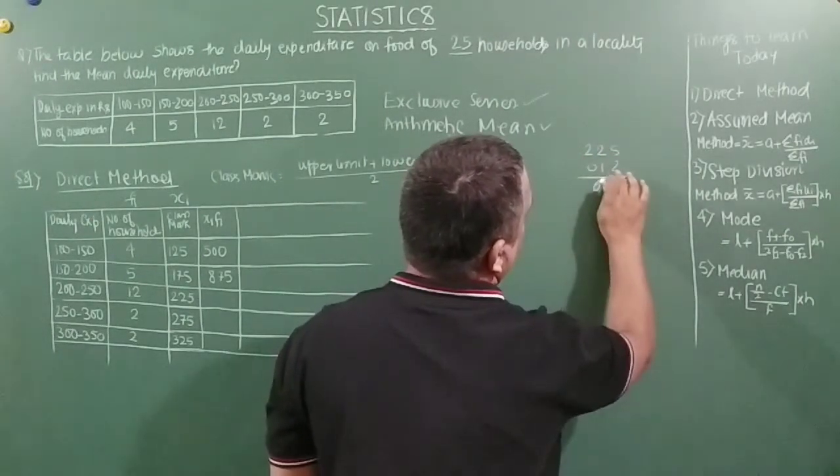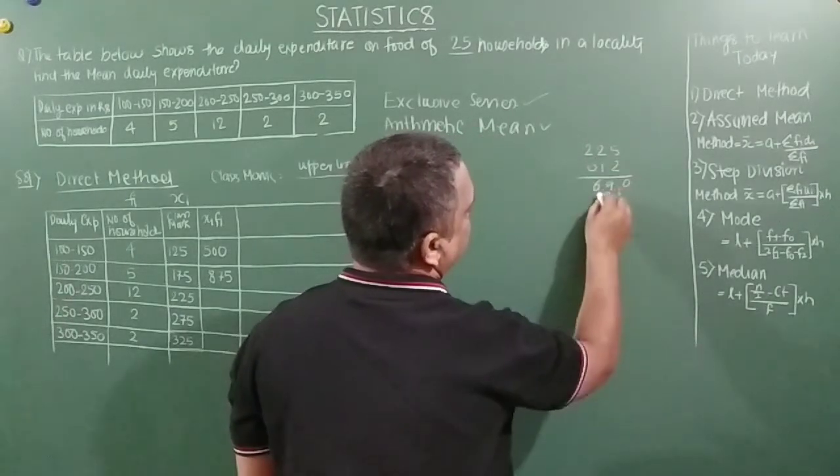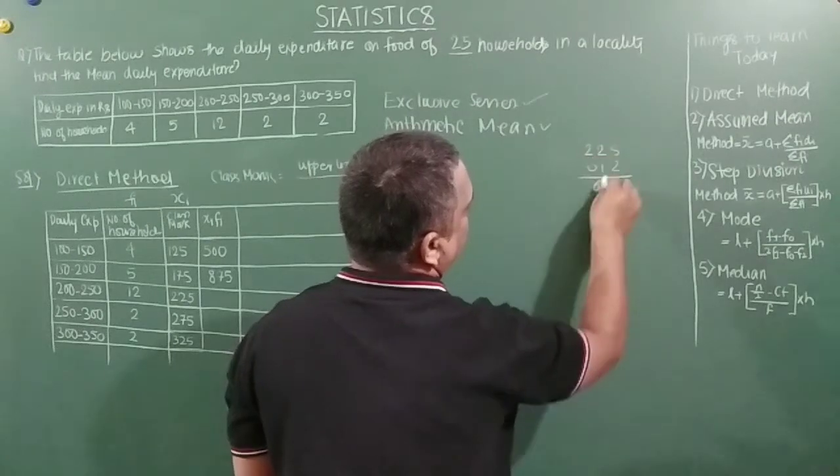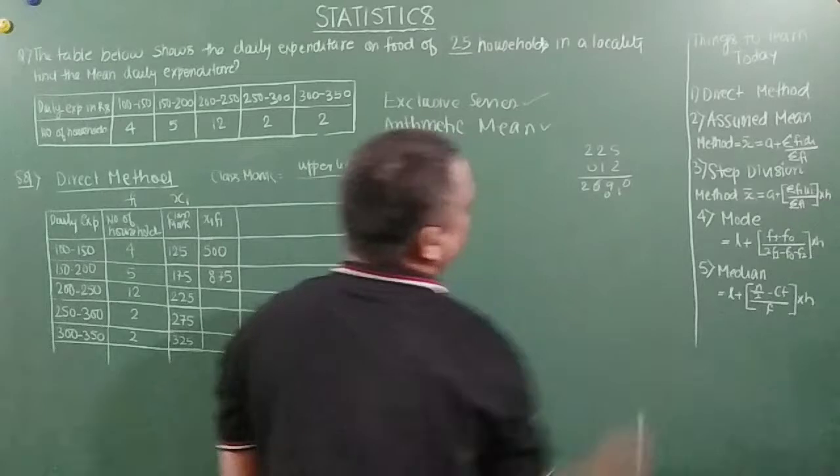Plus 5, 9, and then the 3, 2 to the 4, 4 plus 2, 6, then 2. So 2700.